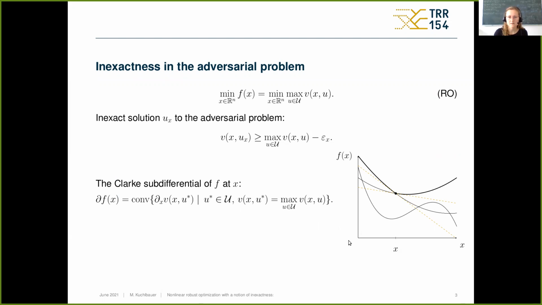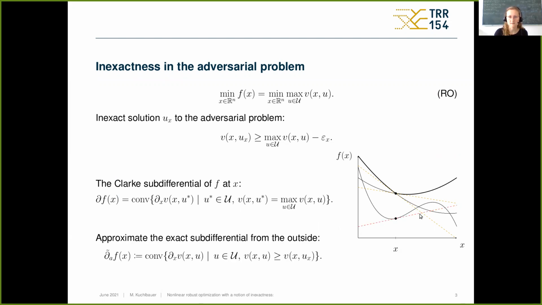So we may have access only to this inexact subgradient. And that's what we use as an approximation of the exact subdifferential. We use the convex hull that describes the exact subdifferential, but we do now also consider inexact worst cases and add them to this convex hull. And we see already here that our inexact subgradient may be far away from the exact subdifferential, as here we have only negative subgradients in the exact one, and we even have a positive in the inexact one.